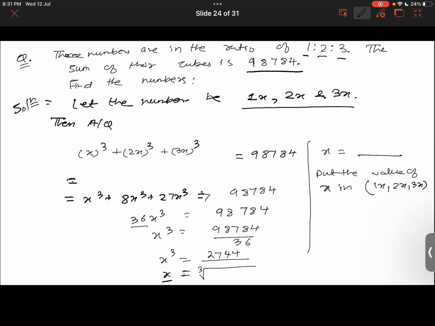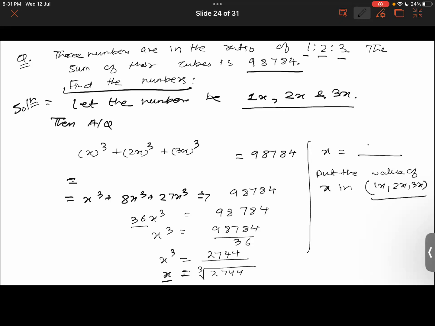Thereafter, you need to find x, because the question says find the numbers. Don't find the cube of the number. You're required to find the number. So from here, you will find the cube root of 2744, and that is going to give you whatever value you get. Then you will put the values in here and you will get your answer.